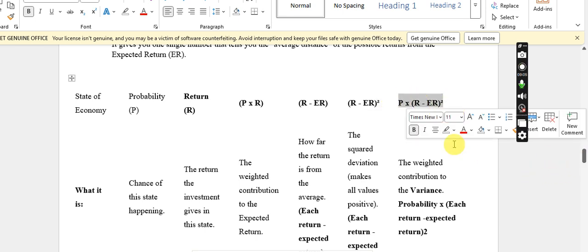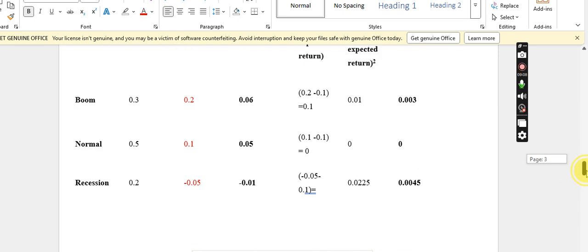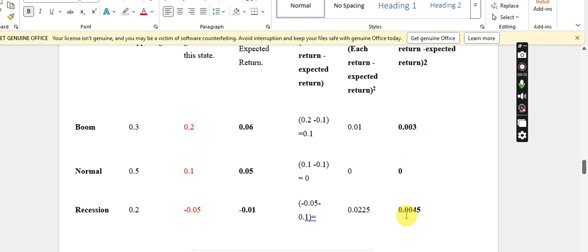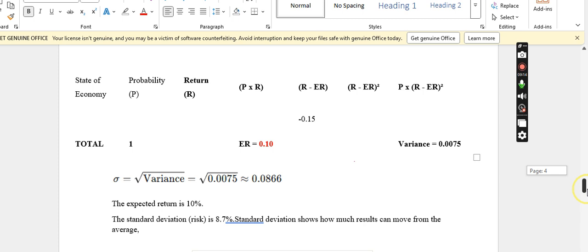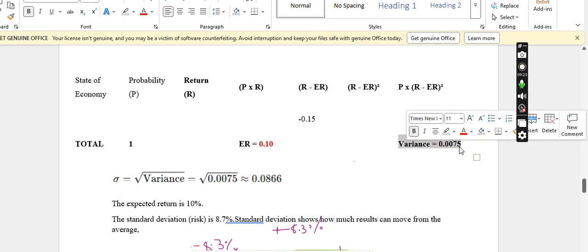After you do that, you add up. So 0.003 plus 0.0045, you get 0.0075. Now this is just our variance. It's our standard deviation squared, basically.